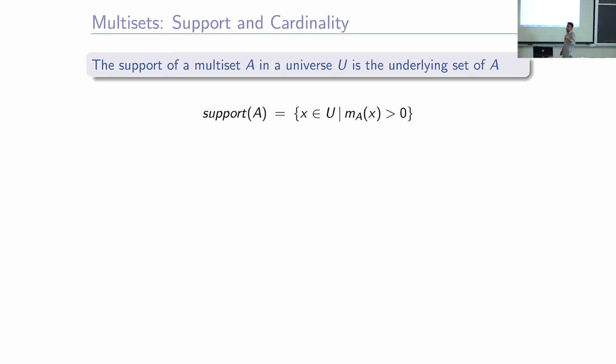Some operations on this we are going to define. First of all, the support of A. So there is a universal set and then there is a multiset. The support is those elements that actually appear in the multiset. Okay, so it's the set of those elements whose frequency or multiplicity is non-zero. Does it make sense?